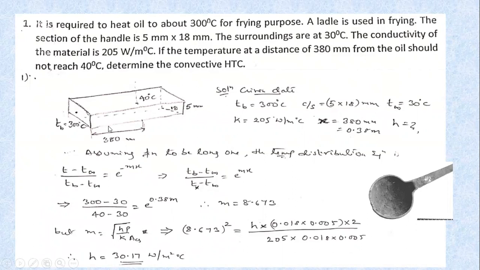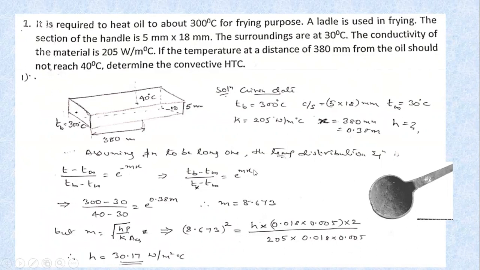So T, that means temperature at a certain distance. And here what we have done is we are just taking the reciprocal of it. So we get TB minus T infinity in the numerator and Tx minus T infinity in the denominator, that will be equal to, since it is reciprocal, e power of mx.